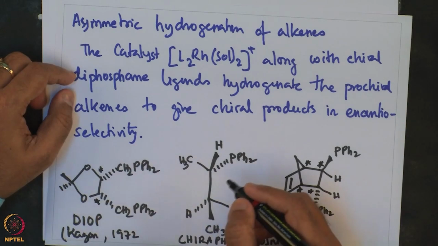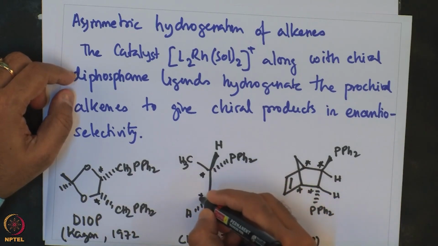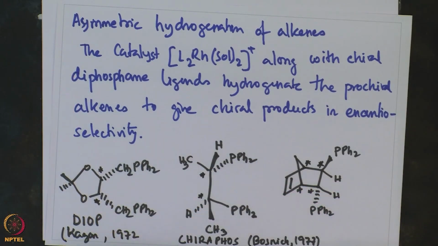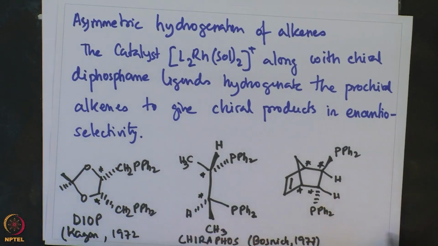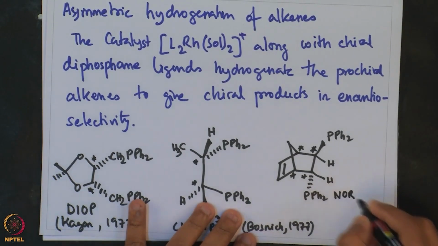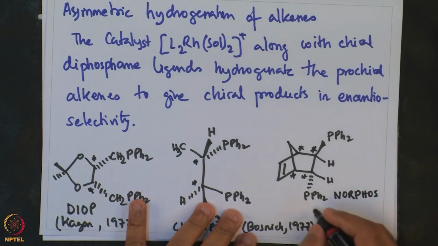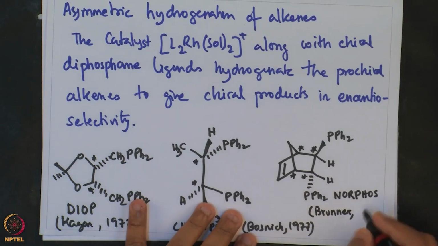DIOP has 2 chiral centers and chirophos has 2 chiral centers, and this is called Norphos, reported by Brunner in 1979.